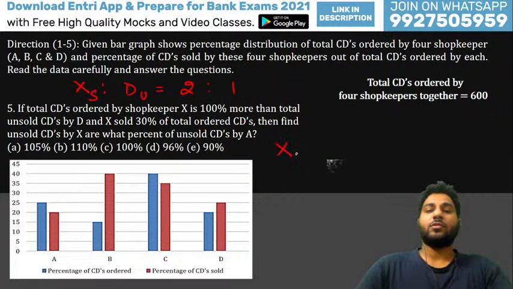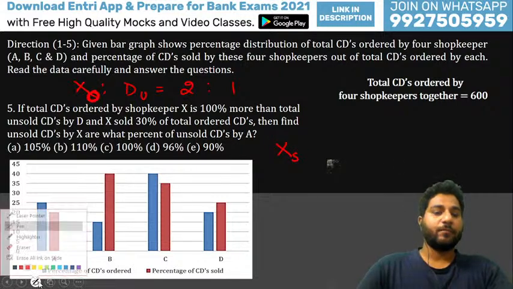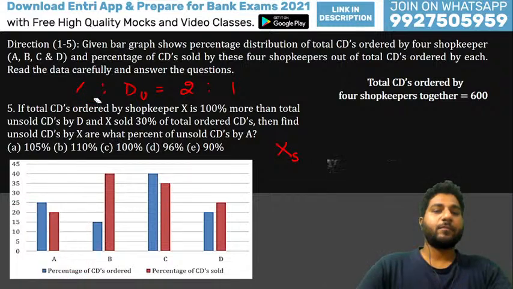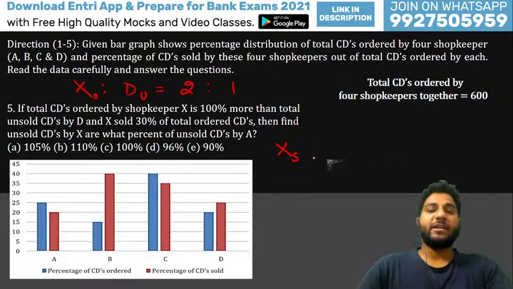Sorry, it's ordered data. Remember, ordered. Just a minute. CDs ordered by shopkeeper X, and CDs sold by shopkeeper X is 30% of total ordered. All right, 10 or 3.